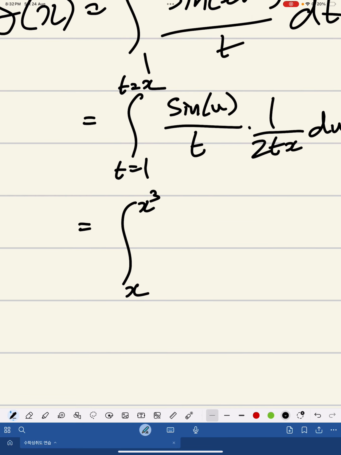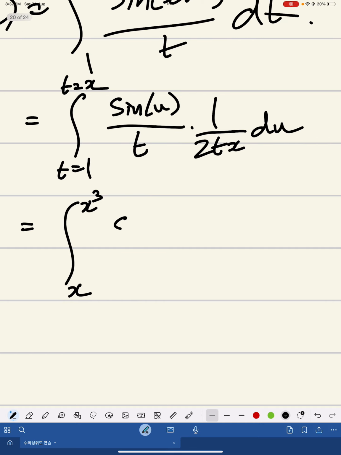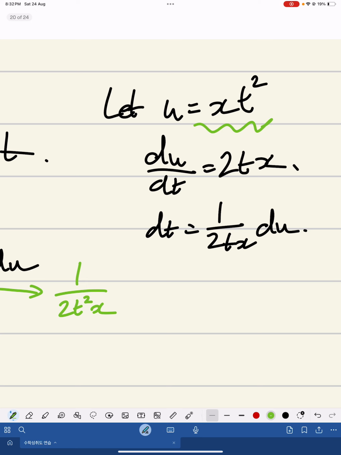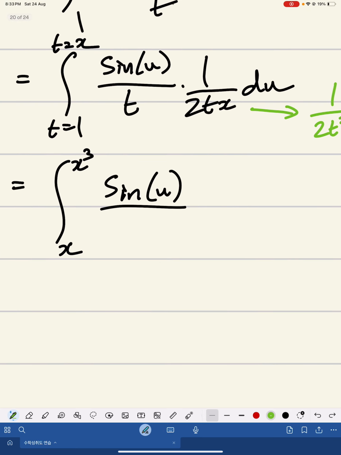So from x to x cubed of sine u over 2, where the denominator here is the multiple 2t squared x, right? But we defined xt squared as u. Therefore, we can just rewrite this as 2u du.